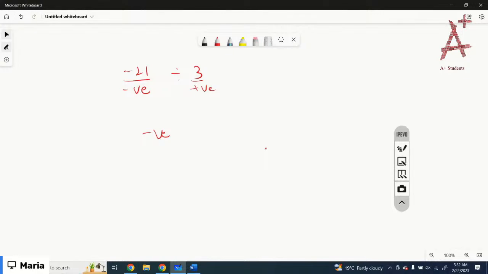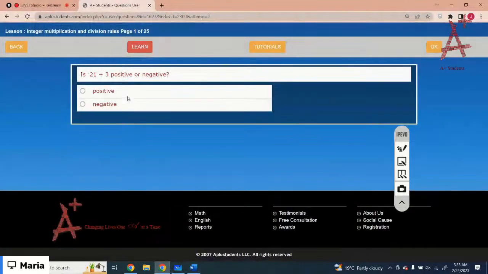Got it? So in this case, both of them have different signs, so the answer must be negative. The correct option here is negative.